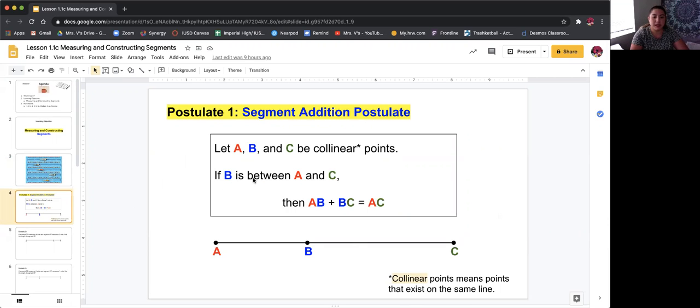It says if B is between A and C, then segment AB plus segment BC is equal to segment AC. And here's an image so that you can see how it's represented. We have segment AB and segment BC. If they're collinear and B falls in between, then it's also equivalent to the entire segment AC.